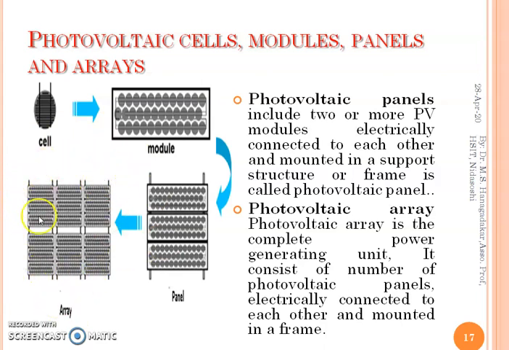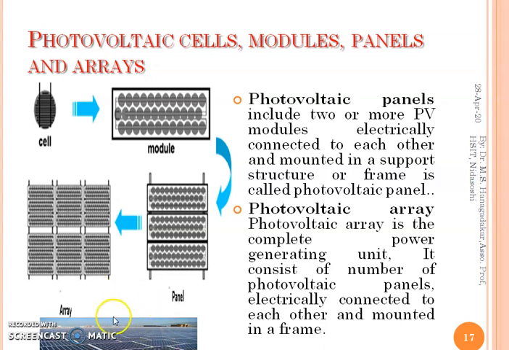It consists of a number of modules and panels which are electrically connected and mounted on a big structure or frame. The array is the big unit of electric power generation.